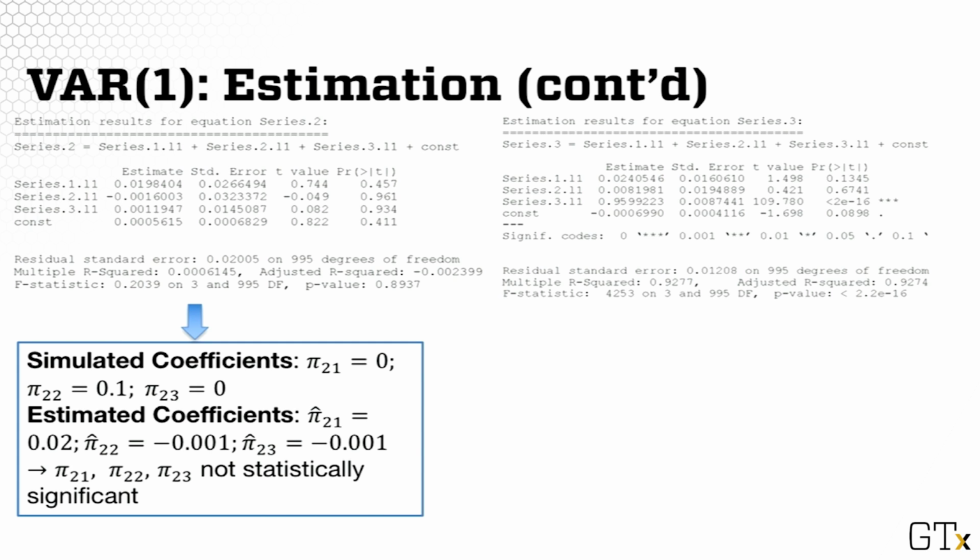The estimated coefficients are 0.02, minus 0.01, and 0.01. The p-values of all three coefficients are large, indicating that they are not statistically significant or that they are plausibly equal to 0. In this case, we thus fail to accurately estimate pi 2.